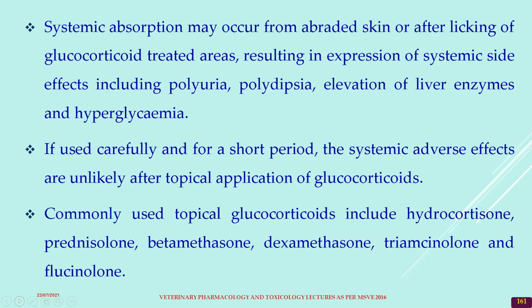Then systemic absorption may also be caused by leaking of the treatment ointment and may cause varieties of side effects like polyuria, polydipsia, etc. Then these are used carefully for a very short period because it is one of the strong immunosuppressing agents and may suppress the inflammation.